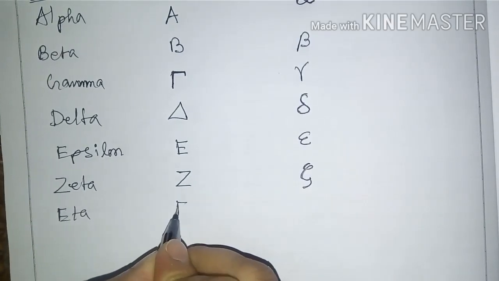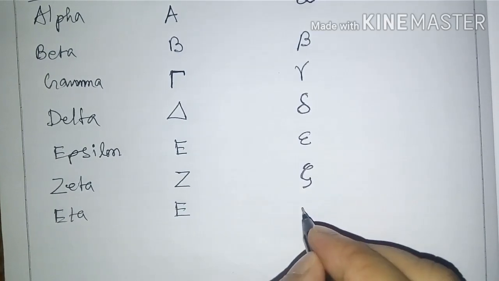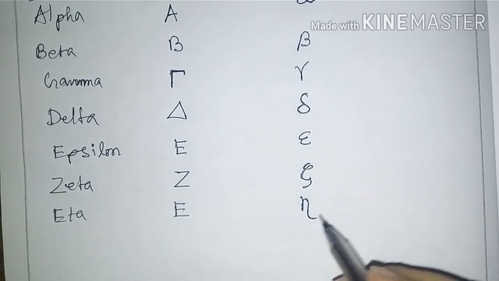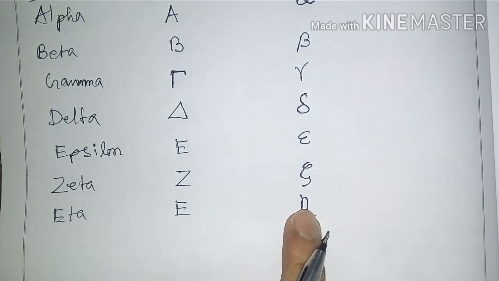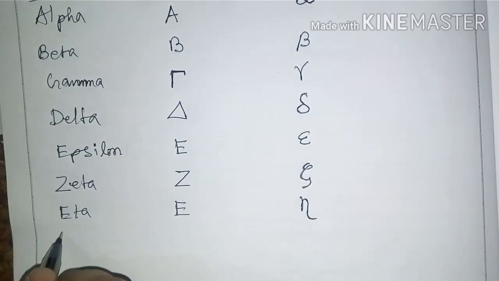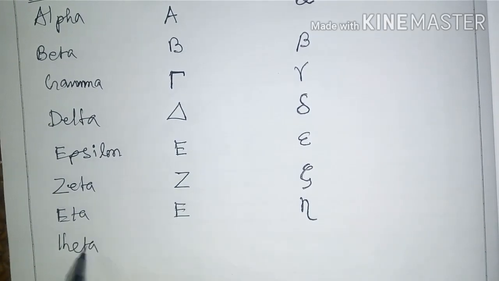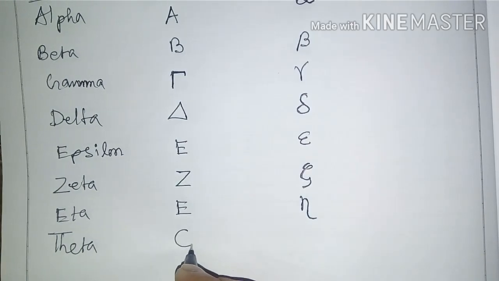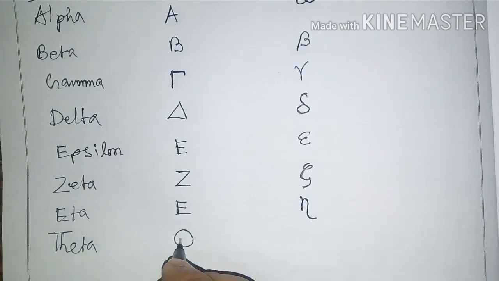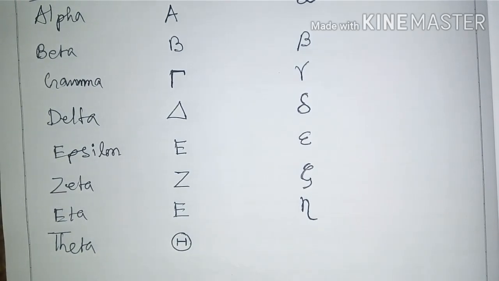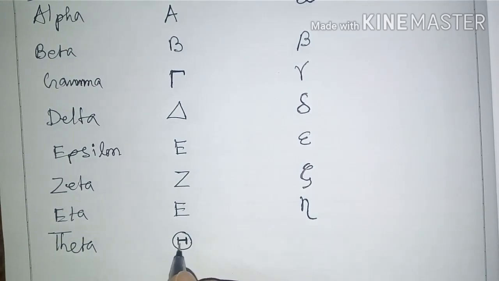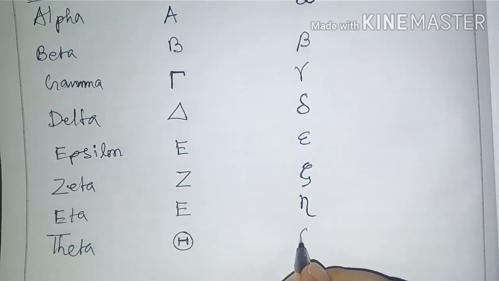Eta is capital E, like this. This one is eta, and this is lowercase eta. Next, theta. This is the capital letter, like an O with a line inside, and this is the small one.